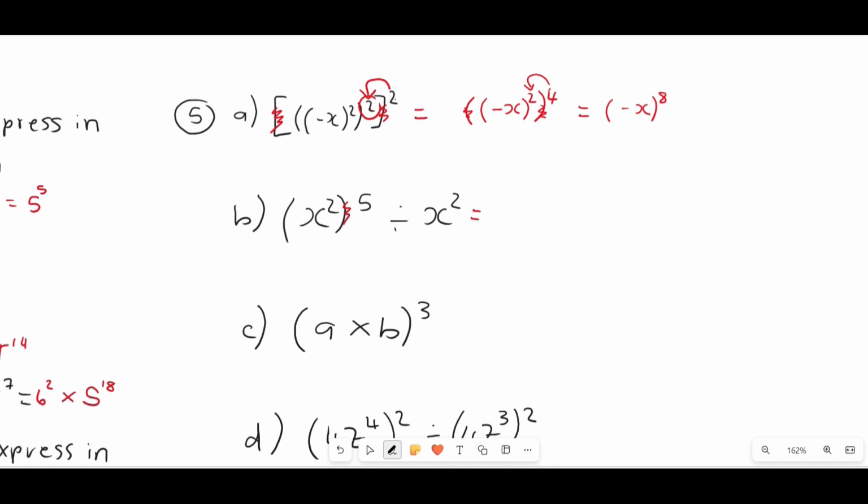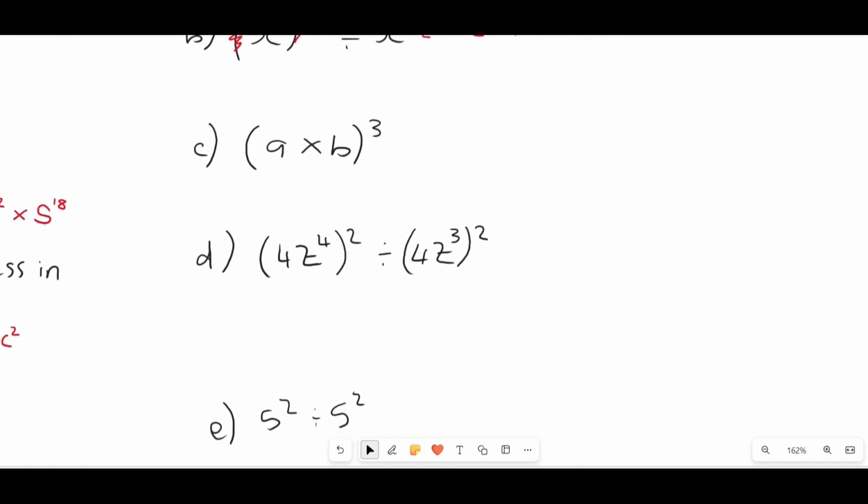To get rid of these brackets, first let's multiply this 5 by the 2, which then becomes x to the power of 10 divided by x to the power of 2, which then becomes easy because we know that 10 minus 2 is 8, so this will then become x to the power of 8. Okay, let's move down a bit. Now, for number C, it's very easy. You just follow that one law.